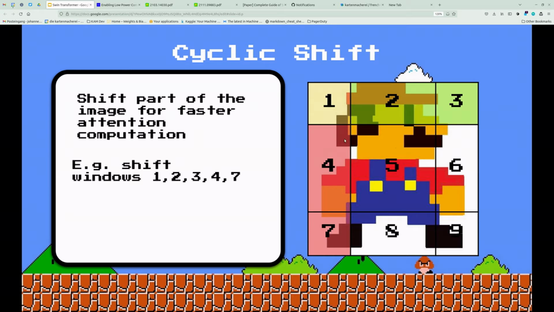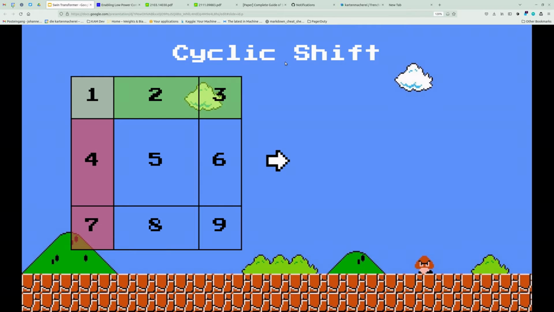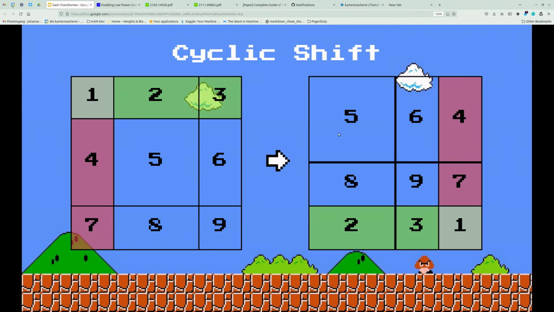So we say, okay, we want to take 1, 2, 3, 4, and 7, these areas, and we shift them around in a way that we can compute it more feasibly. And what becomes of it? So there's again this mask basically, that we had before. Then they shift it, and that's how it looks then, right? So we have 1 here, 2, 3, 4, 7.